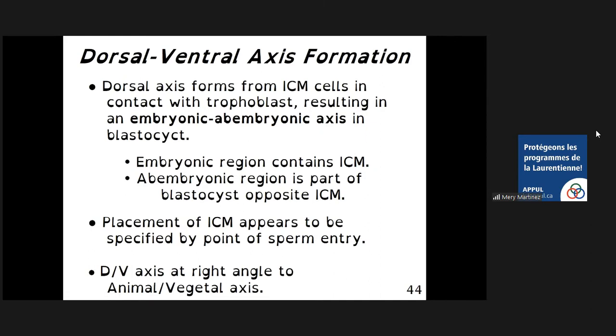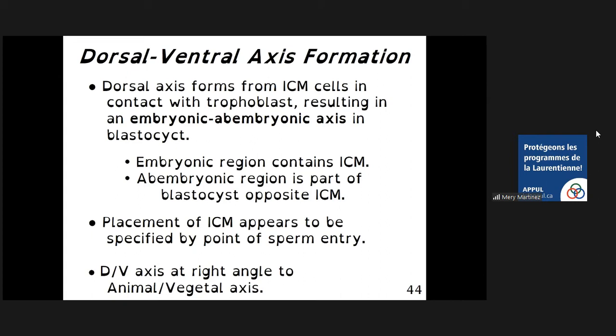The embryonic region contains the inner cell mass, and the abembryonic region is the part of the blastocyst that is opposite to the ICM. The placement of this ICM appears to be specified by the point of entry of the sperm, almost in a similar manner as we saw for the sea urchin, or the frog, excuse me, where we have the gray crescent appear 180 degrees opposite to the entrance of the sperm.